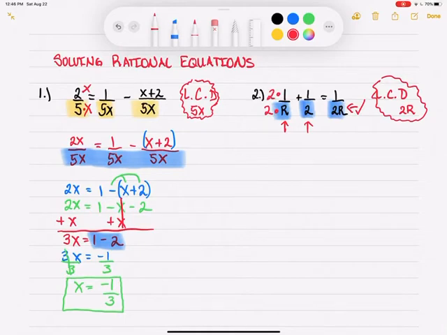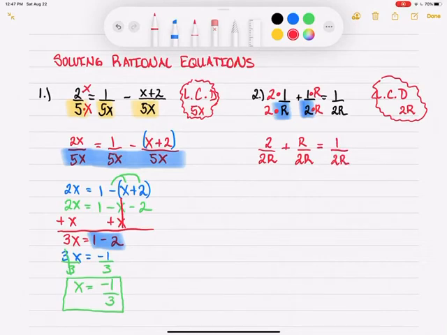To make 2 into 2r, I need to multiply by r. And again, whatever I do to the bottom, I do to the top. So now what I have is 2 over 2r plus r over 2r equals 1 over 2r.